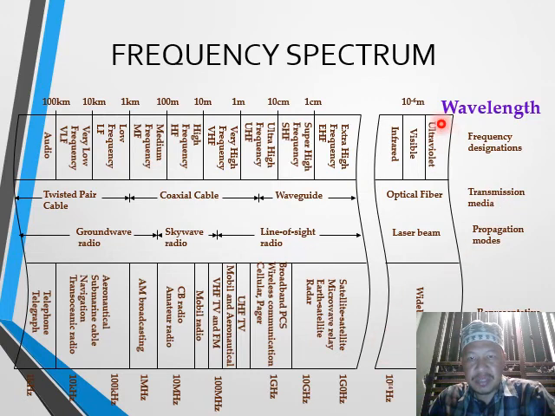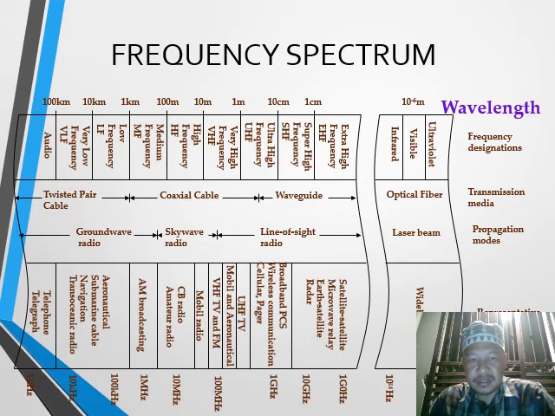For transmission media, different frequency or different wavelength will use different transmission media. For a high frequency, you can use optical fiber, and for low frequency we can use twisted pair cable. For a little bit higher frequency we can use coaxial cable, and so on and so forth.